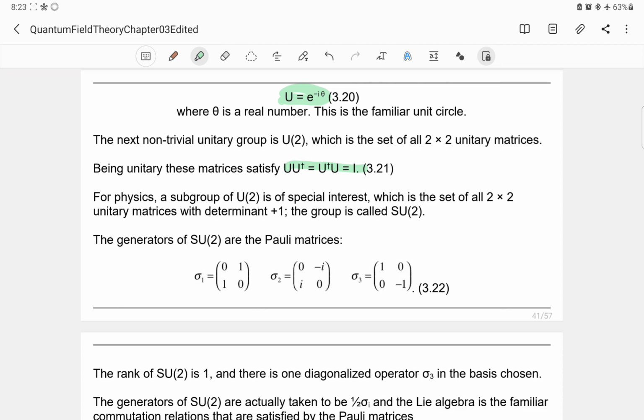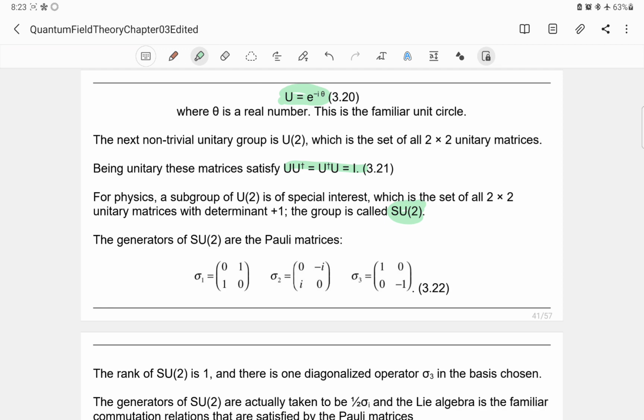For physics, there is a subgroup of U2 called the special unitary group, SU2, which is the set of all 2 by 2 matrices with determinant 1.